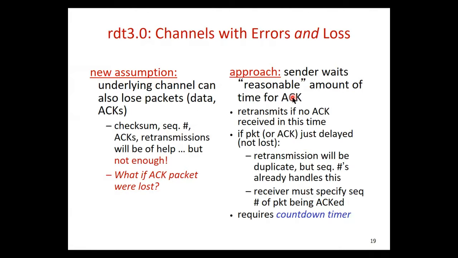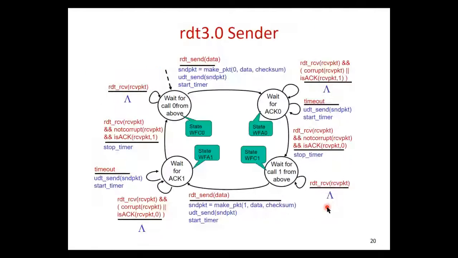Okay, so essentially here we need to add a timer at the sender side for the countdown. Would be a countdown. Okay, so here I just highlight. So visually you can see that the FSM at the sender also has 4 states.